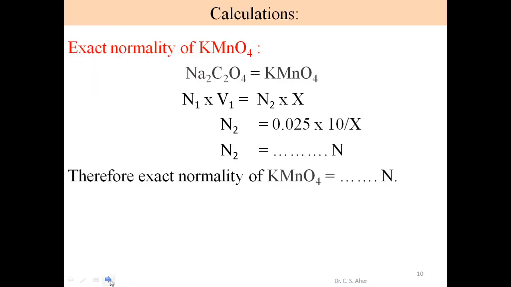How? See in the calculation. For the exact normality of KMnO4, the KMnO4 is titrated versus sodium oxalate. N1 V1 is equal to N2 X, where X is the amount of KMnO4.